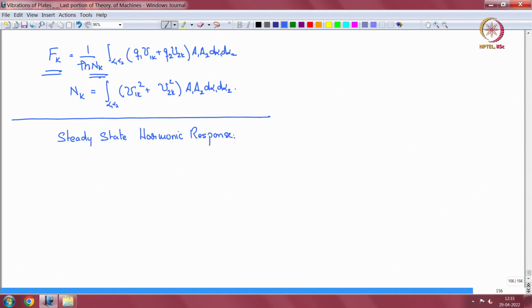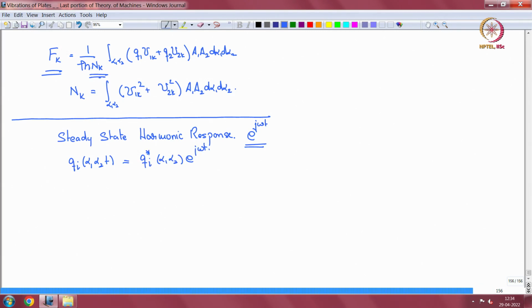Steady state harmonic response. That means the forcing is a single frequency at omega. So this is the time dependence term. Earlier the forcing was Q_i(alpha 1, alpha 2, time). Now it becomes Q_i star (alpha 1, alpha 2) e to the power of j omega t.